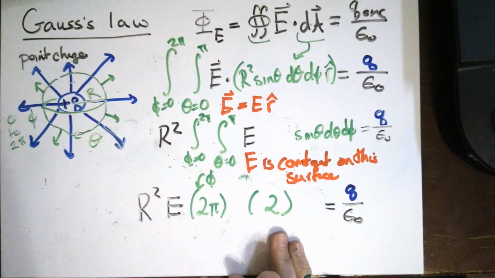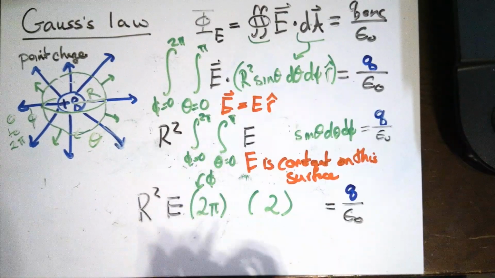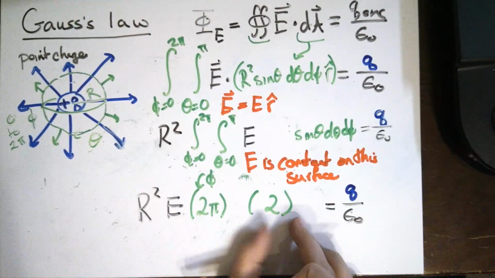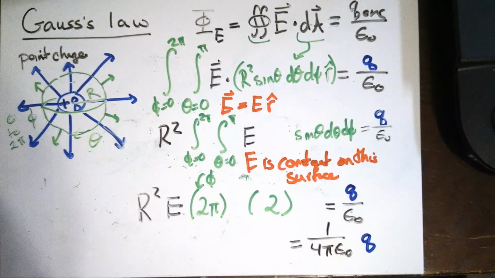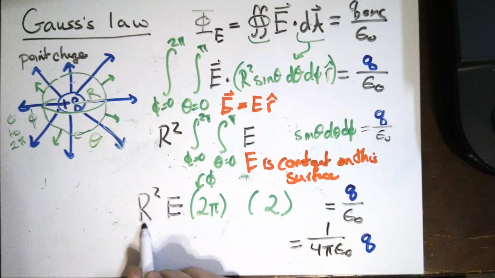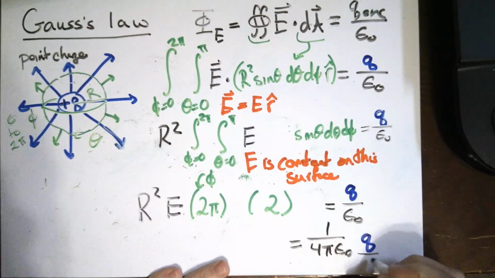All right, so now let's solve for the electric field, which is what we wanted. We have 2 pi times 2, that's going to be 4 pi, so let's move that over to the other side. And then we have r squared over here, so let's move that over to the other side.